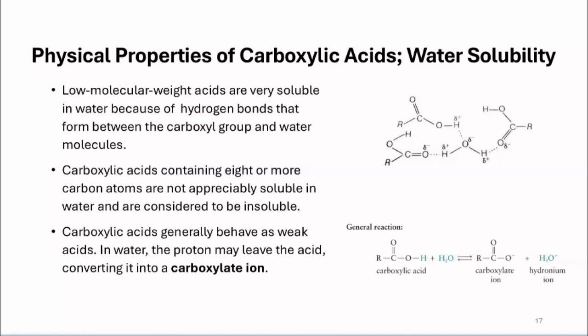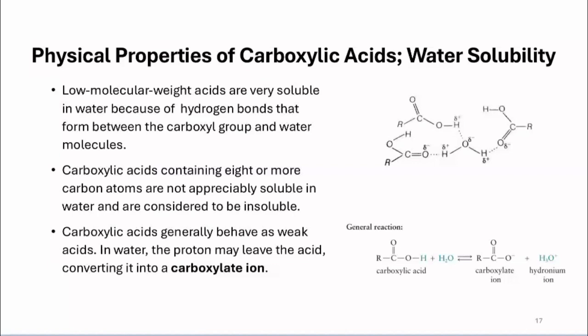Since carboxylic acids are known as acids, they behave like weak acids. One of the things observed is that a carboxylic acid, in addition to hydrogen bonding with water, can also be deprotonated. Let's understand that the deprotonation of carboxylic acids in water is a reversible reaction.